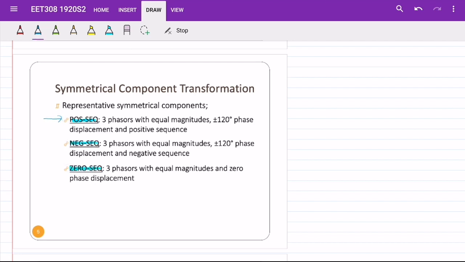Positive sequence and negative sequence consist of three phasors with equal magnitudes and plus minus 120 degrees phase displacement. For zero sequence, it also has three phasors with equal magnitudes, but the phase displacement is 0 degrees.